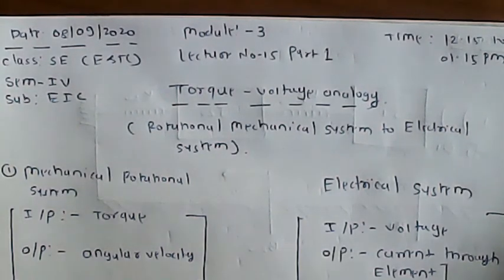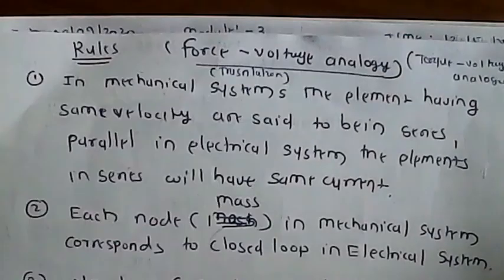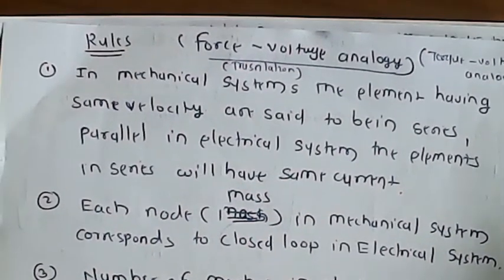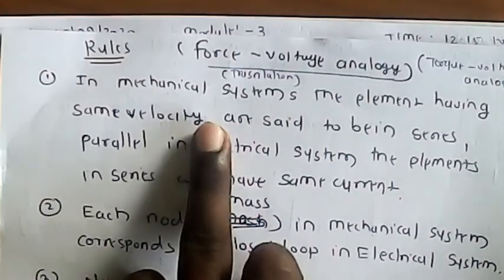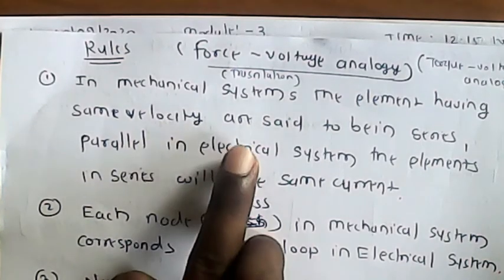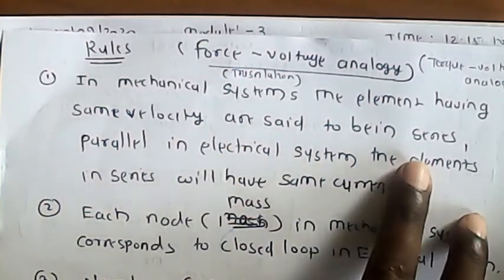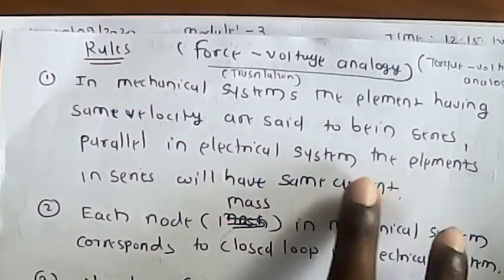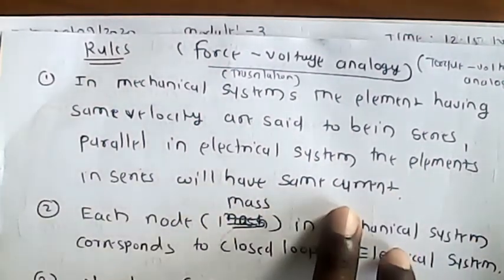The same rules which we saw in force voltage analogy for the translation mechanical system will be applicable for torque voltage analogy. In a mechanical system, the elements having the same velocity are said to be in series, and in an electrical system the elements in series will have the same current.